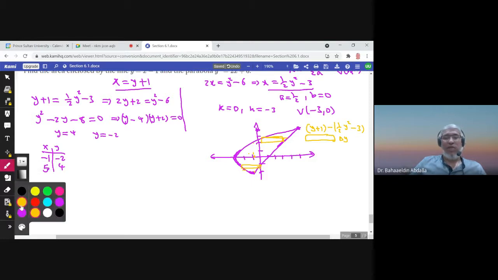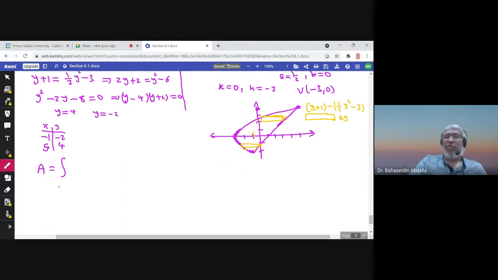So now you can find this area using one rectangle, but you will integrate with respect to y. So y runs from negative 2 to 4. So these are the limits of the integral.